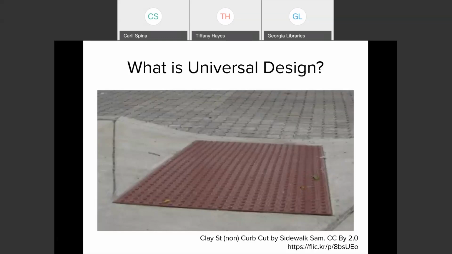But now it serves the same purpose for lots of other people. Anyone who's looking down or distracted while they're walking can immediately tell that they're walking on a different surface. It has the added advantage of helping to ensure that there isn't quite the same freezing pattern in a lot of climates on the curb cut when it's wintry. So there's a lot of different reasons why this benefits more than just the one person.